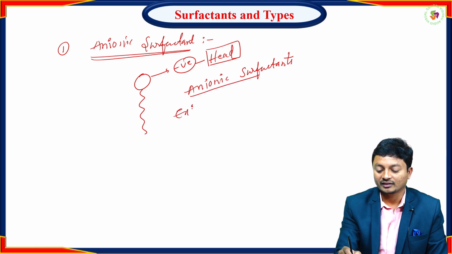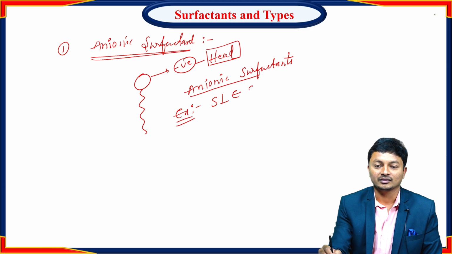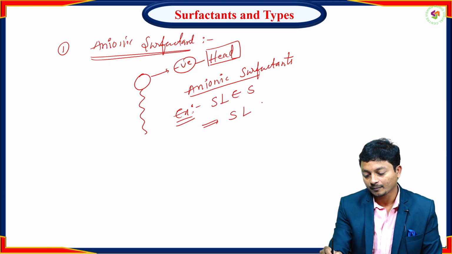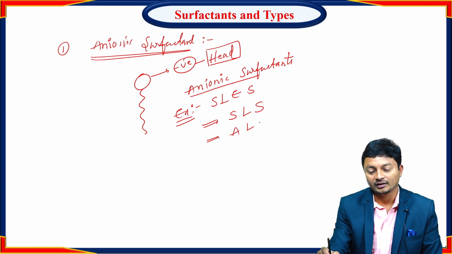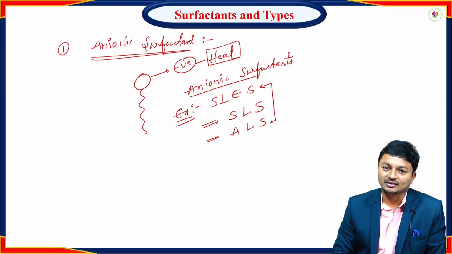Examples are sodium lauryl ether sulfate, sodium lauryl sulfate and ammonium lauryl sulfate. These are the major examples of anionic surfactants.